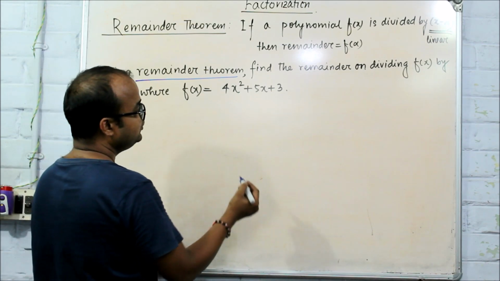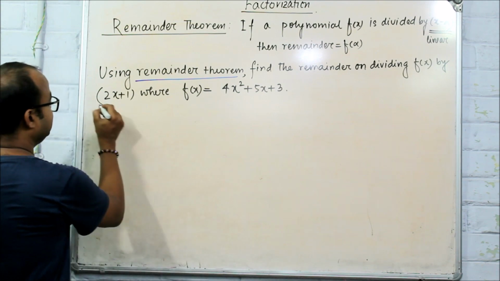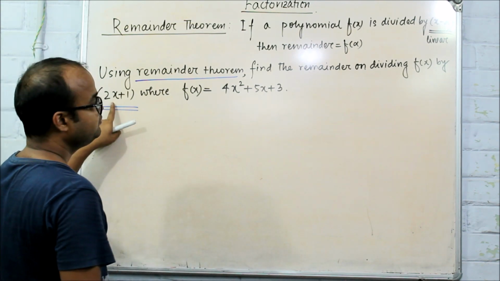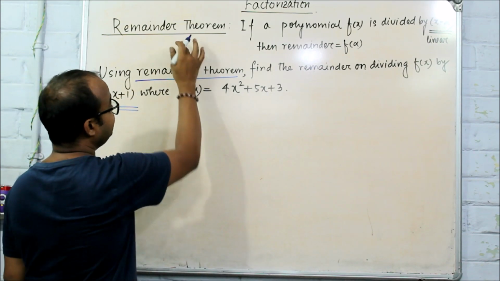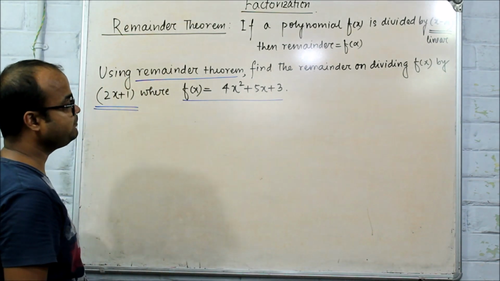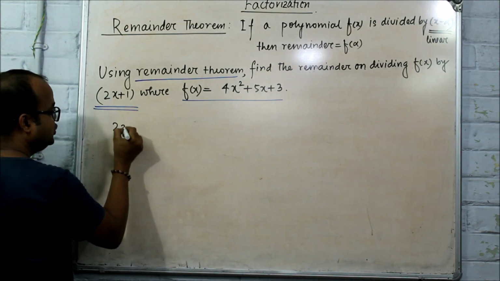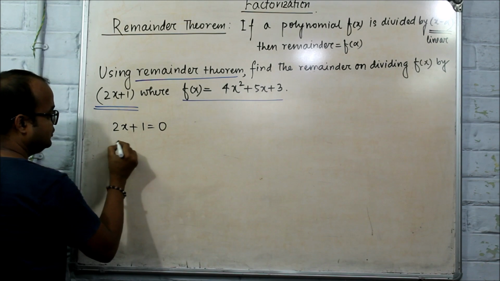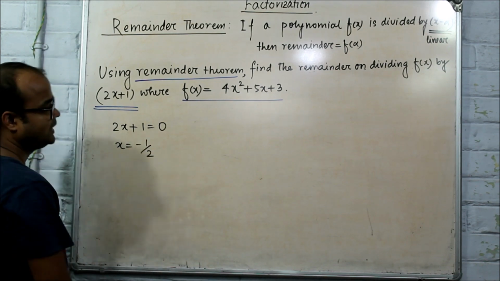Find the remainder when dividing f(x) by 2x plus 1. 2x plus 1 is a linear polynomial, so it satisfies the condition of the remainder theorem, where f(x) is given as 4x square plus 5x plus 3. So first equate 2x plus 1 to 0. So we get x equal to minus 1 by 2.